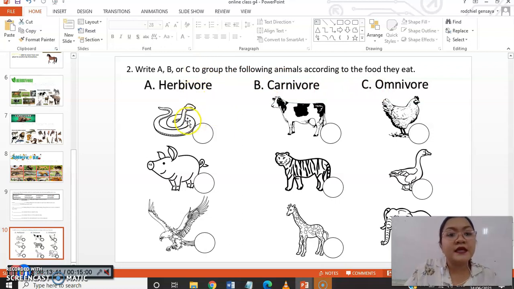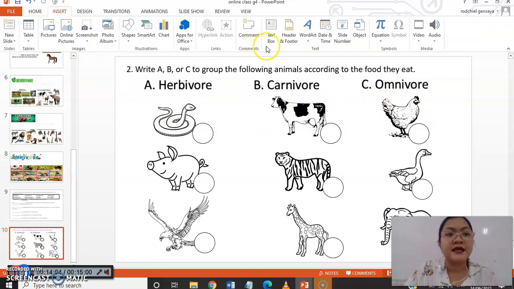So number 1 we have here, what animal is this? This is a, okay, very good, a snake. So what is a snake? What do they eat? Do they eat plants? Do they eat meat? Or do they eat both plants and meat? What is your answer?